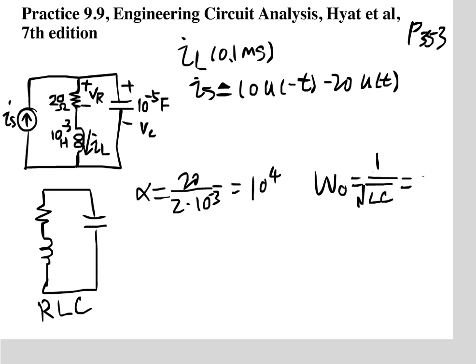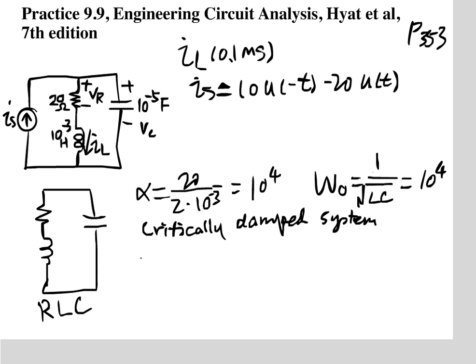That gives you 10 to the 4th. And omega 0, which is 1 over the square root of L and C, you can evaluate this, is also 10 to the 4th. So this is a critically damped system.